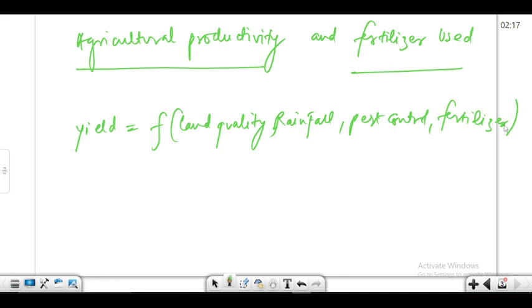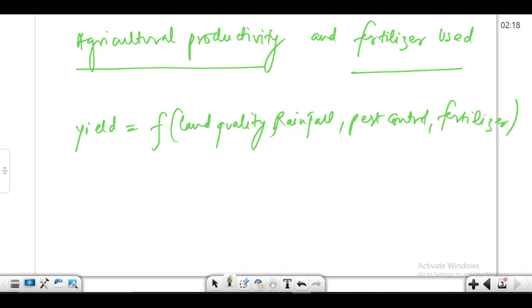What we want to capture is the impact of fertilizer used on a particular piece of land and how it affects agricultural productivity. So we are trying to establish a causal relationship between fertilizer and agricultural productivity. Through this estimation, we might be able to conclude whether using more fertilizer leads to more agricultural productivity or better yield.